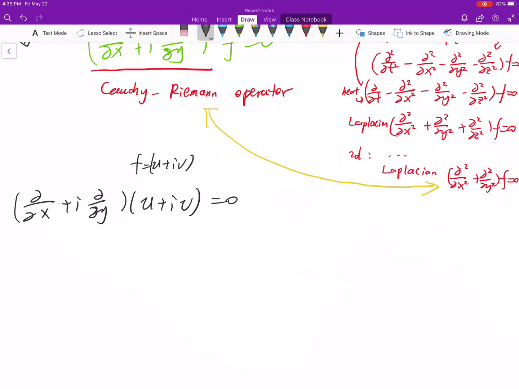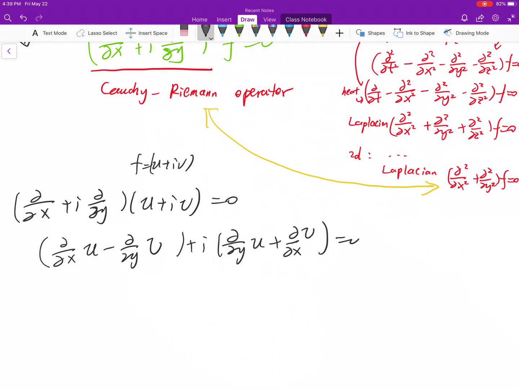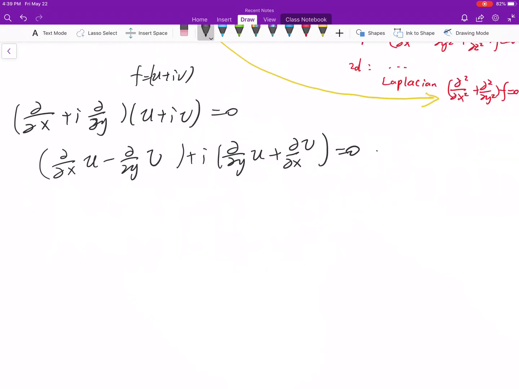Okay, now let's simplify this. You just use the distribution law: minus partial y v plus partial x u, plus i times partial y u plus partial x v, equals 0. Of course, since x, y, u, v are real valued, this is equivalent to two equations.